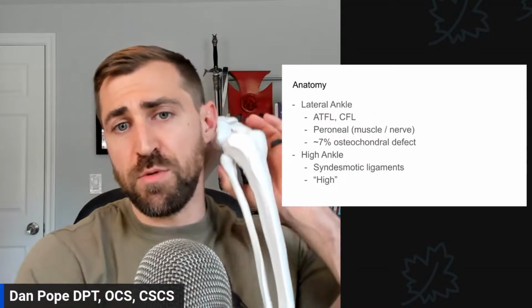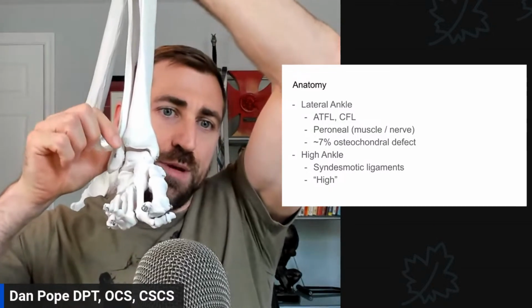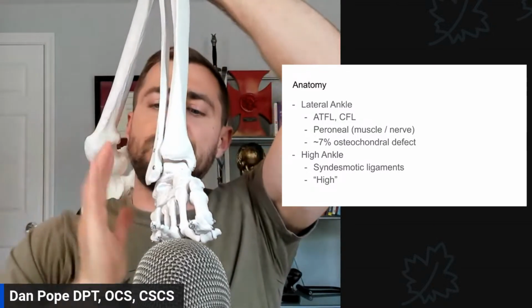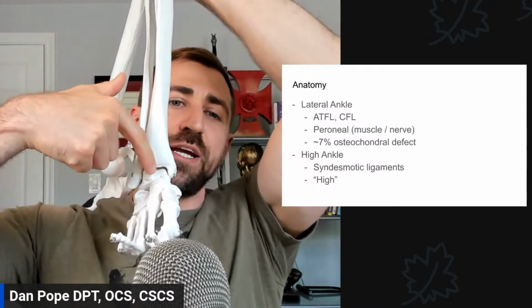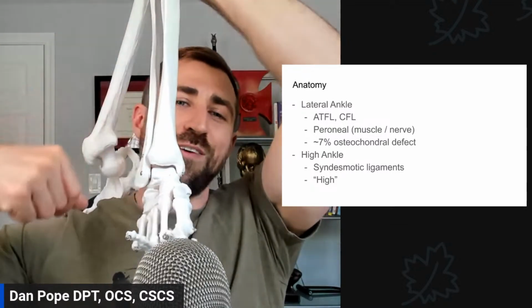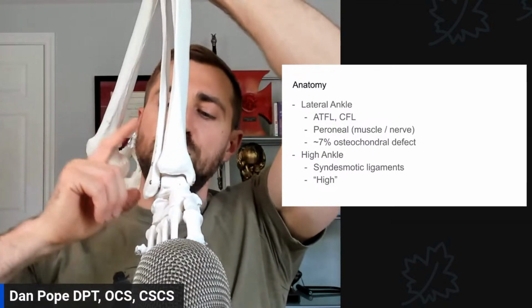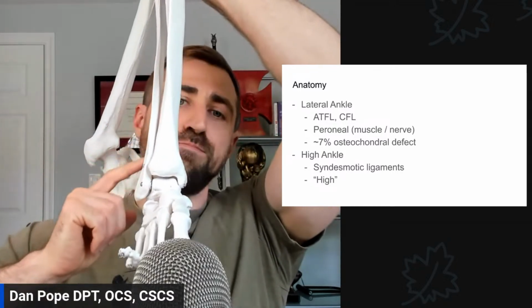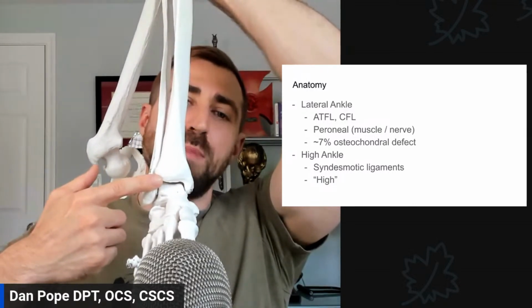Now, if someone presents with a high ankle sprain, the high ankle sprain is just named because the pain is not on the outside like the lateral ankle sprain. It's much higher. Apologize if you guys can't hear me well. I know I'm blocking my voice right now, but the injury is going to be much higher. So the space between my fibula and tibia, you have a few ligaments right here. They are the syndesmotic ligaments.